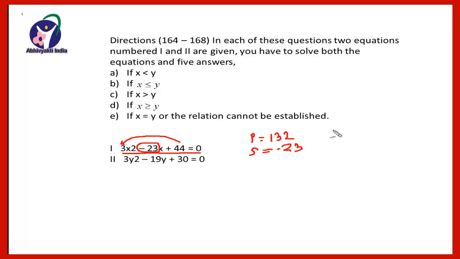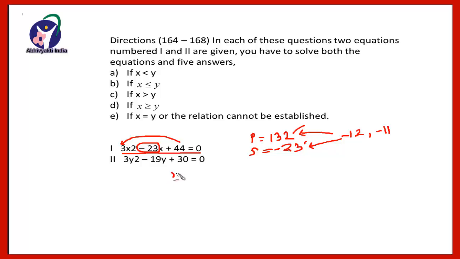So we have to search for the two numbers whose product is 132 and the sum is minus 23, and such numbers are minus 12 and minus 11. Because minus 12 into minus 11 will be plus 132, and the sum of these two numbers will be minus 23.